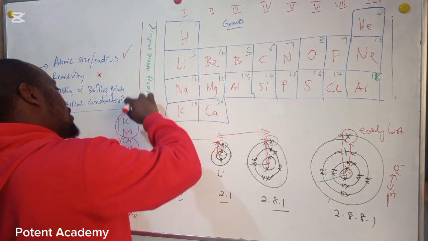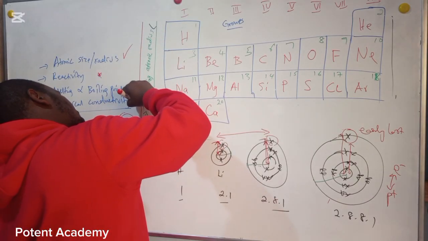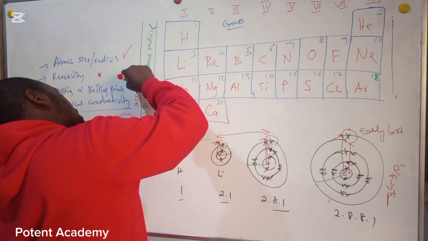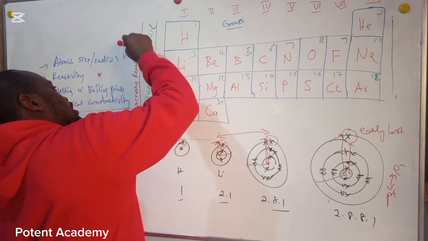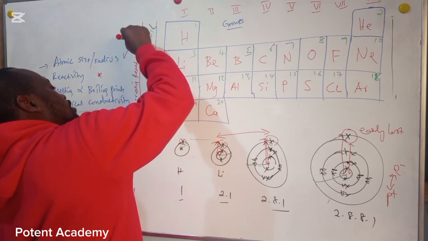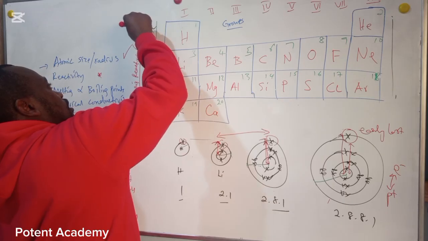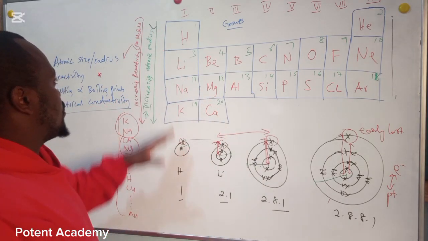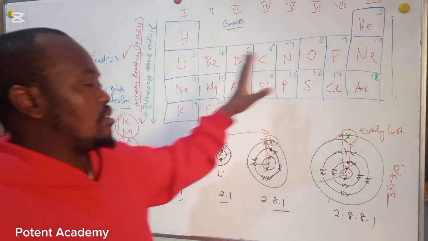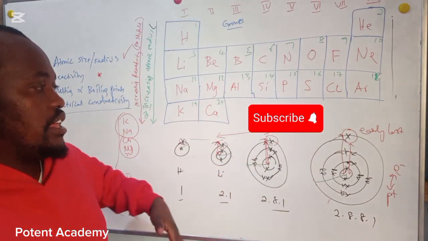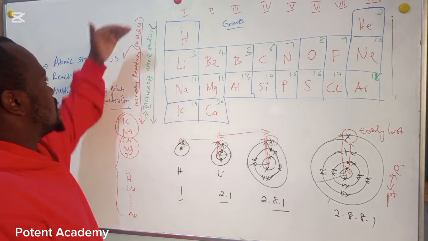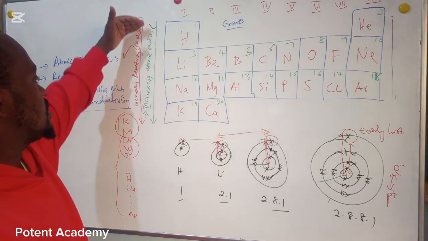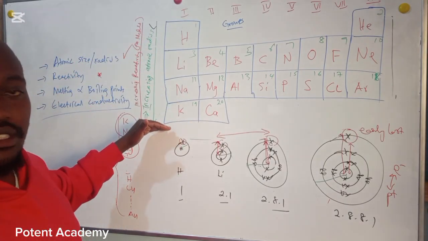So as you go down the group, you are increasing reactivity, in brackets for metals. This is for metals. We have talked about atomic radius and we said it is for both. As you go down, the radius is increasing for both. Now, as you go down the group, you are increasing atomic radius and you are also increasing reactivity for metals.